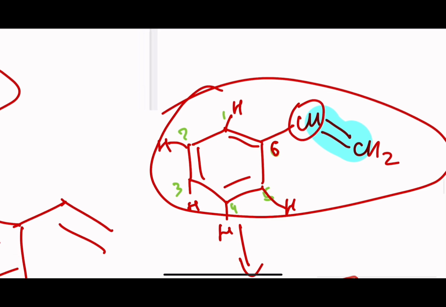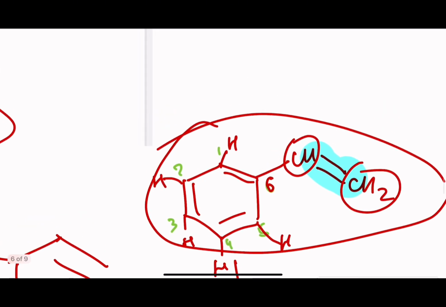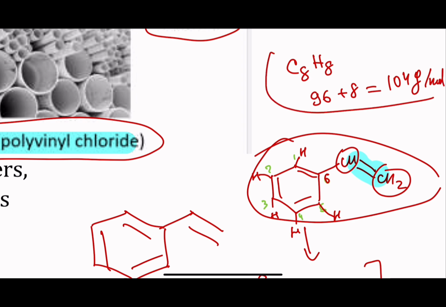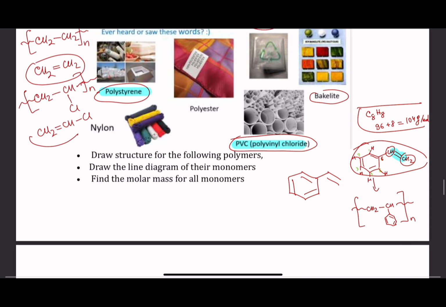And then you have another 2 carbons with 1 and 2 hydrogens. So overall you have C8. Hydrogens would be 5 plus 3, which is 8. And that's it for the overall structure, which is 96 plus 8, which makes it 104 gram per mole. And that's your molecular mass for that.